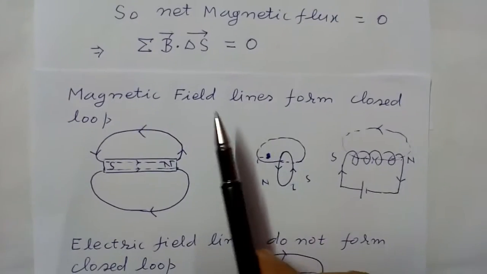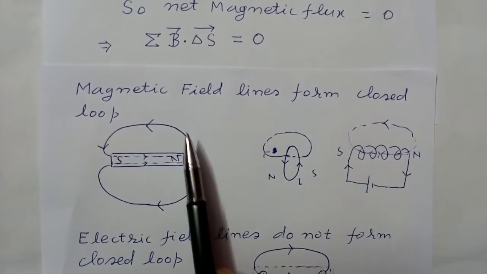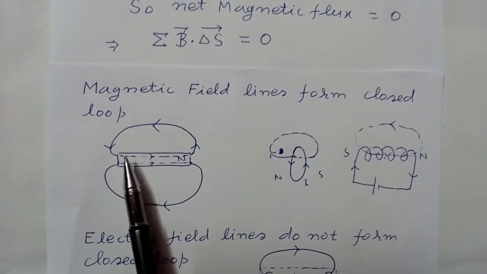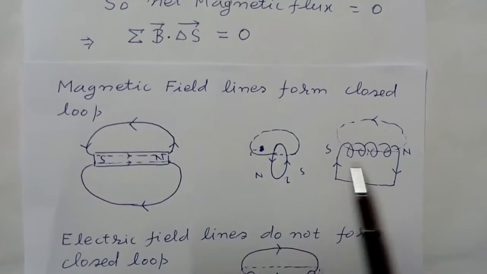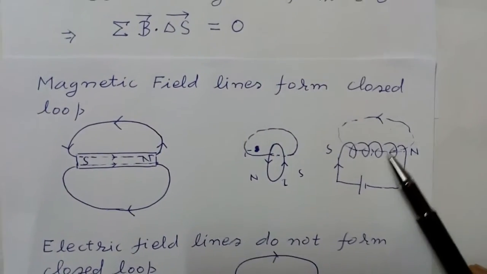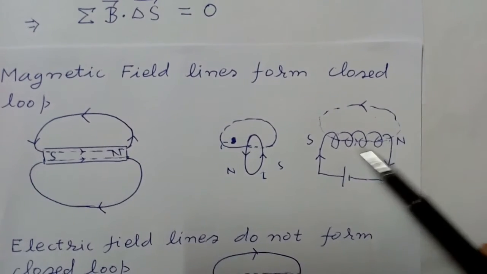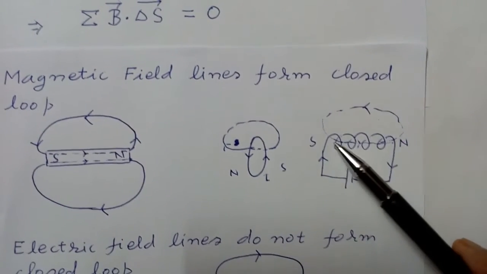This is because magnetic field lines form closed loop. They originate from north pole and terminate at south pole outside the magnet, and inside the magnet their direction is from south to north. See in this current carrying loop. Current carrying loop also behaves as a magnetic dipole. So here this is north pole, this is south pole.